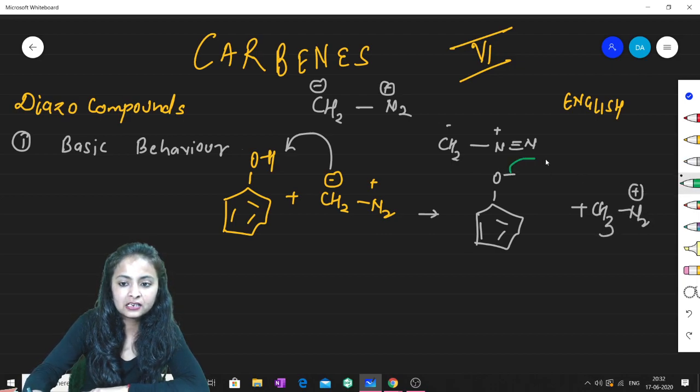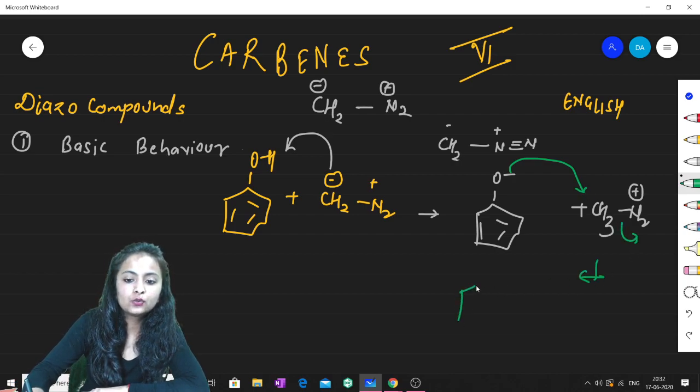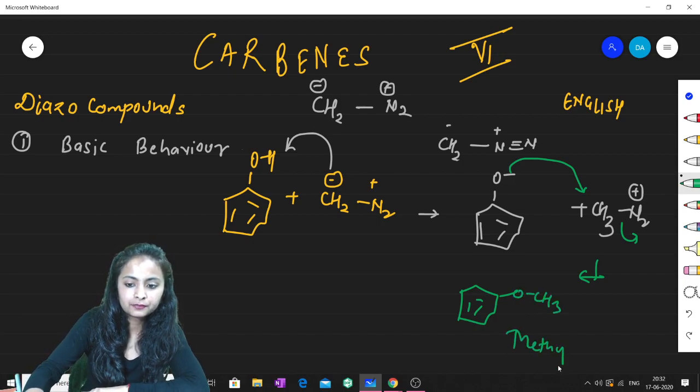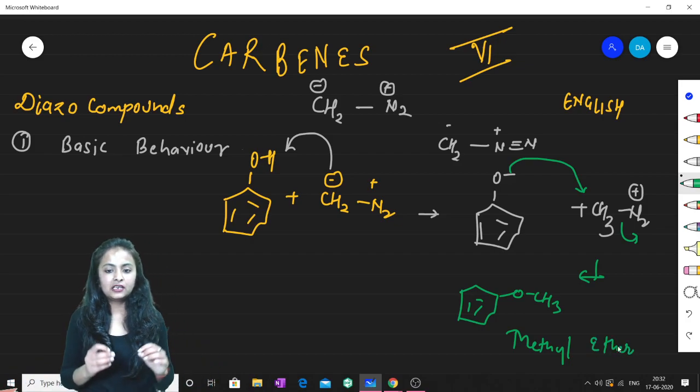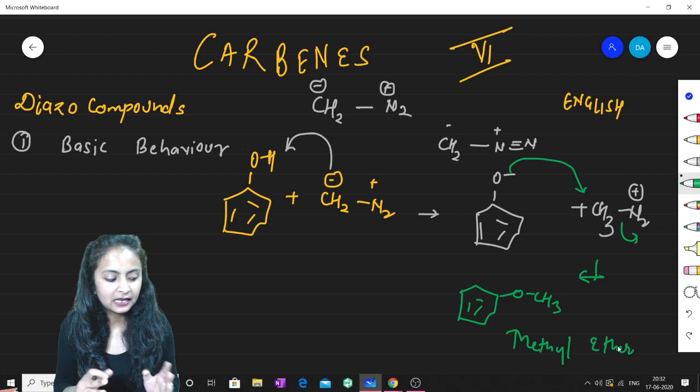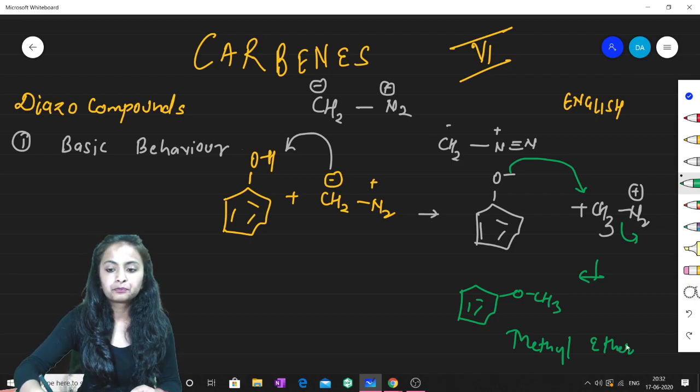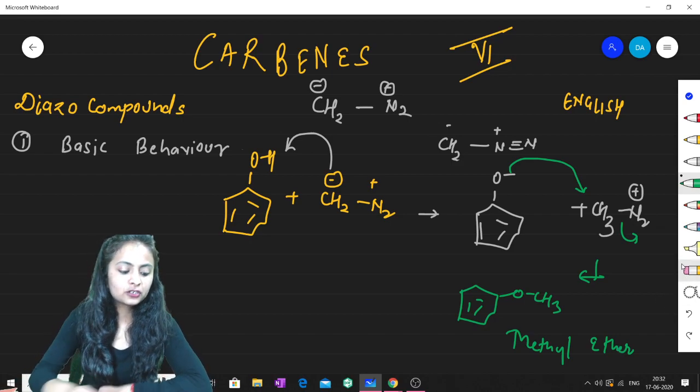Now this negative charge will again attack this CH3, the N2 will get eliminated, and this will ultimately form O and then CH3. We call this methyl ether. Initially we started with methyl ester, and this is ether. I hope this part is very much clear to you all.